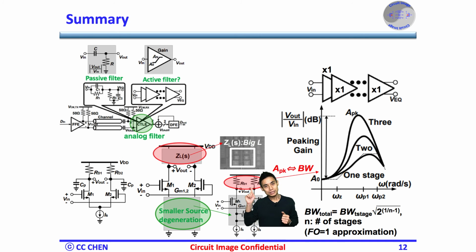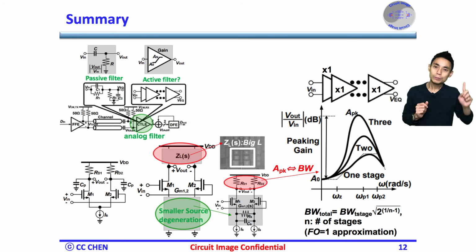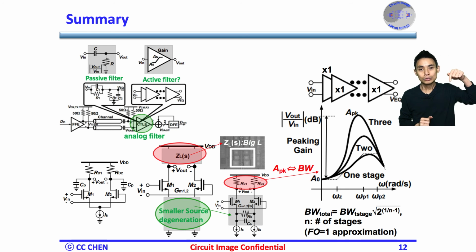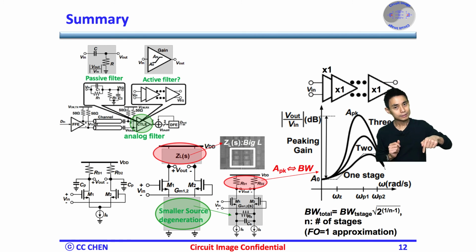Unfortunately, the resistive load has limited bandwidth. In addition, the finite output impedance RO of the transistor and the low supply may degrade the gain at the Nyquist rate lower than what we need. To improve the peaking gain or the gain at the Nyquist rate, we could cascade a few source degeneration CTLE stages, but the bandwidth shrinks quickly even with a fan-out of one arrangement.